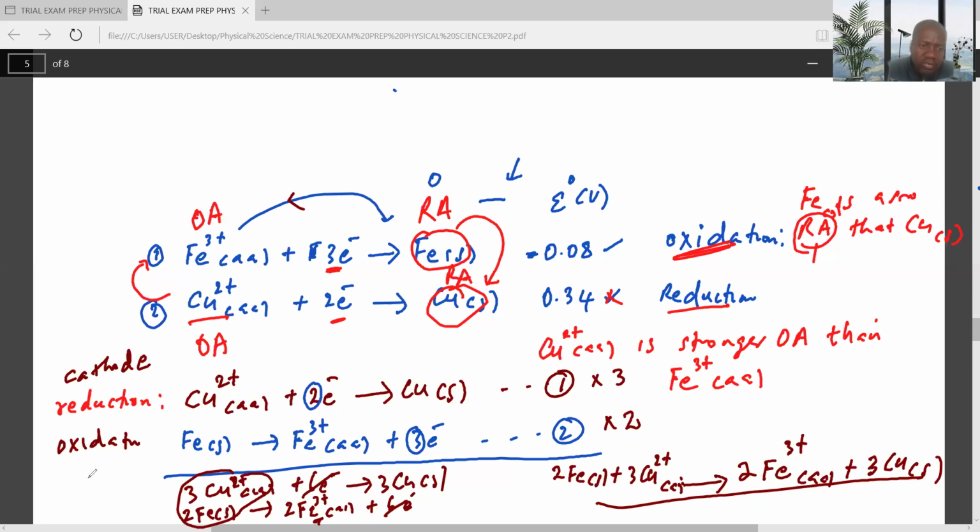Oxidation will be the one at the anode. So we're going to say anode, cell, cathode. The salt bridge is the cell, and the anode is on the left, the cathode on the right. We'll start with the electrode. Between the two, which one is the anode? The oxidation. It's an electrode, electrolyte. So we're going to start with Fe as a solid, then phase boundary and iron ion, the electrolyte.